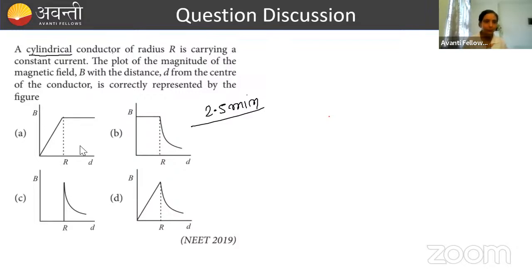Okay, that's not correct. Second portion of your graph is correct. Just focus on the first portion. ठीक है? एक बार देखो.